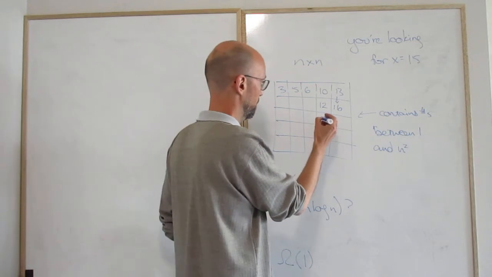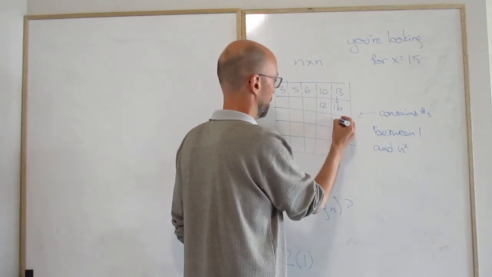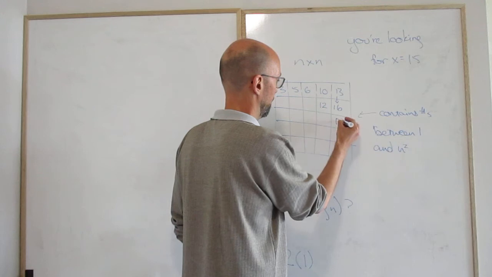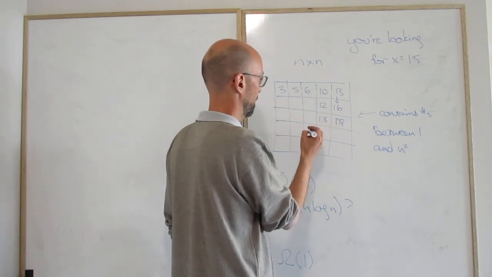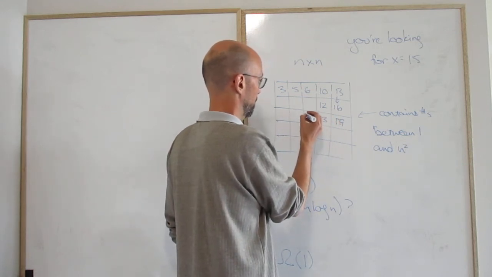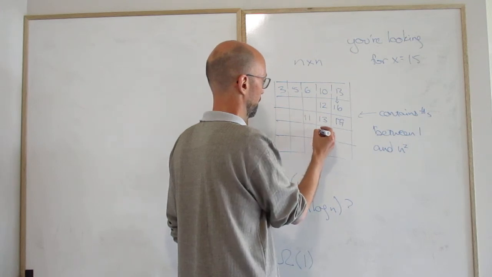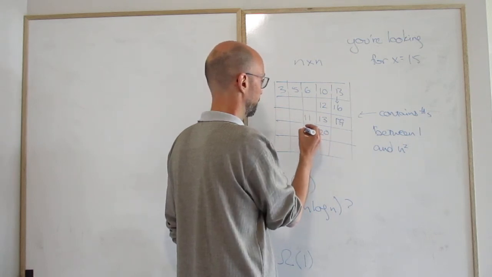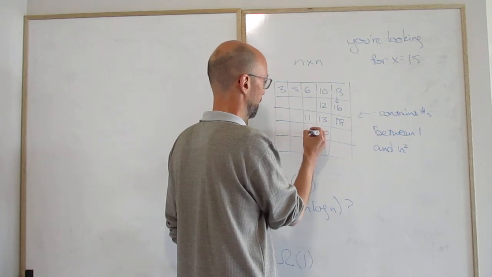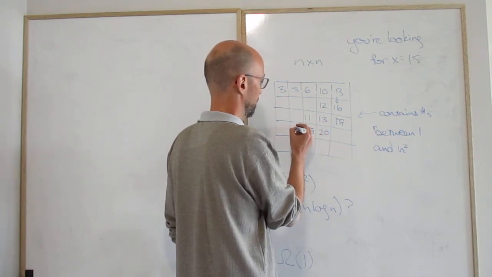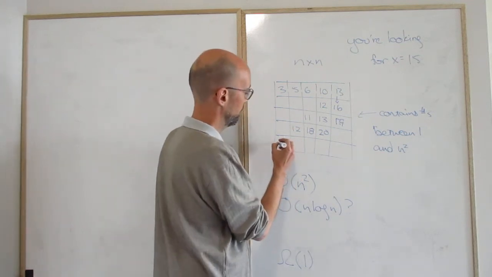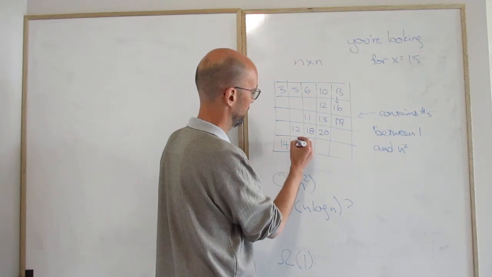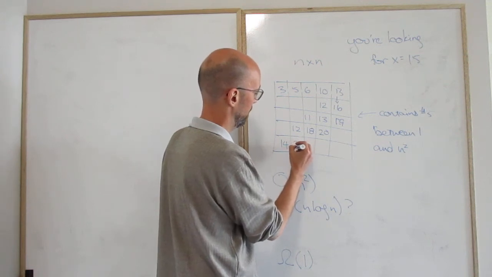And then maybe this is 19. And then this is 13 again, and this is 11, and this is 20, and this is 18, and this is 12, and 14, and 23.